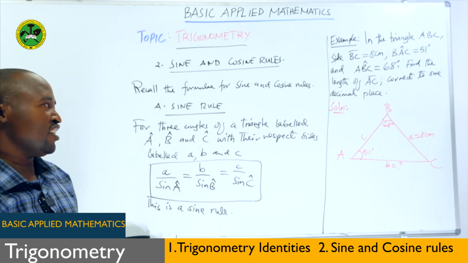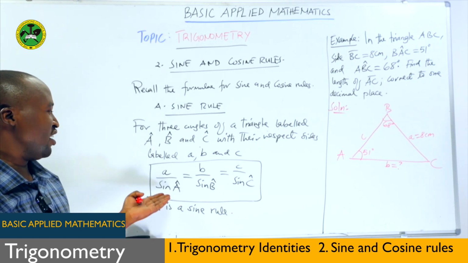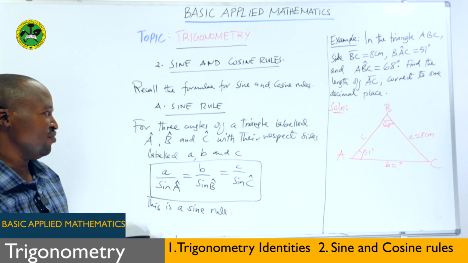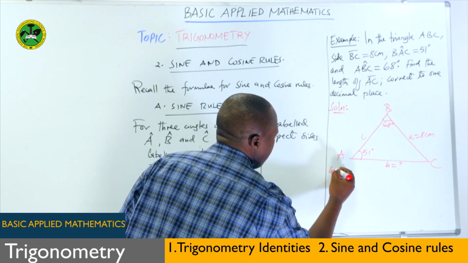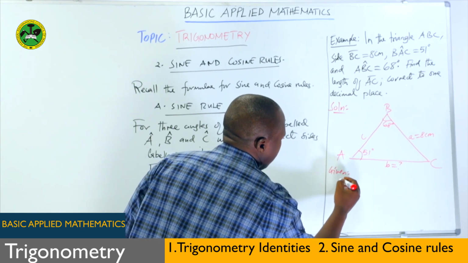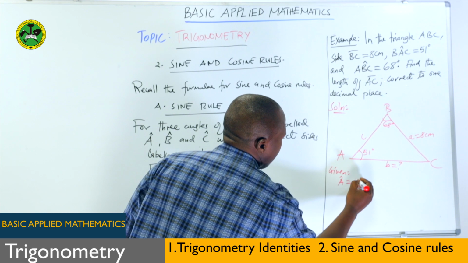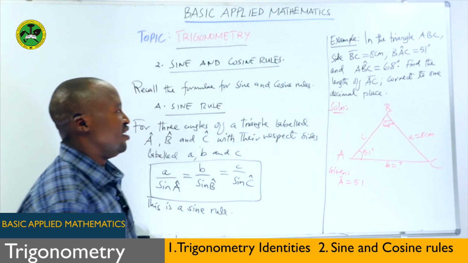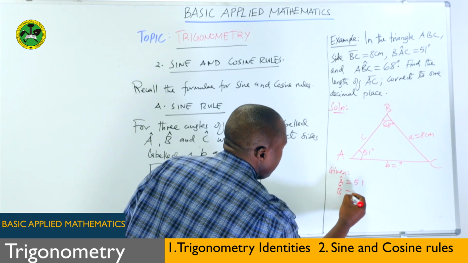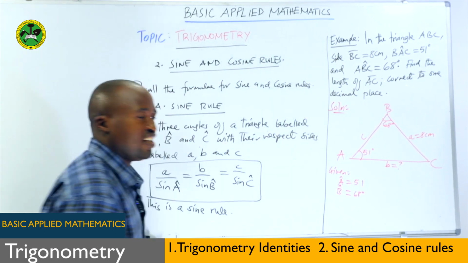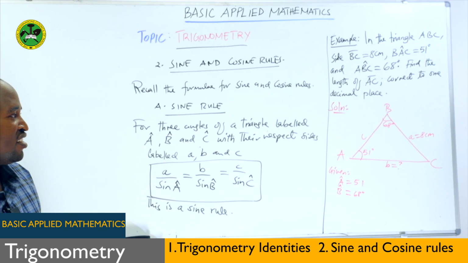For such a question, we can apply the sine rule. Here we have angle A given, angle A is equal to 51, and we have angle B equal to 68 degrees.